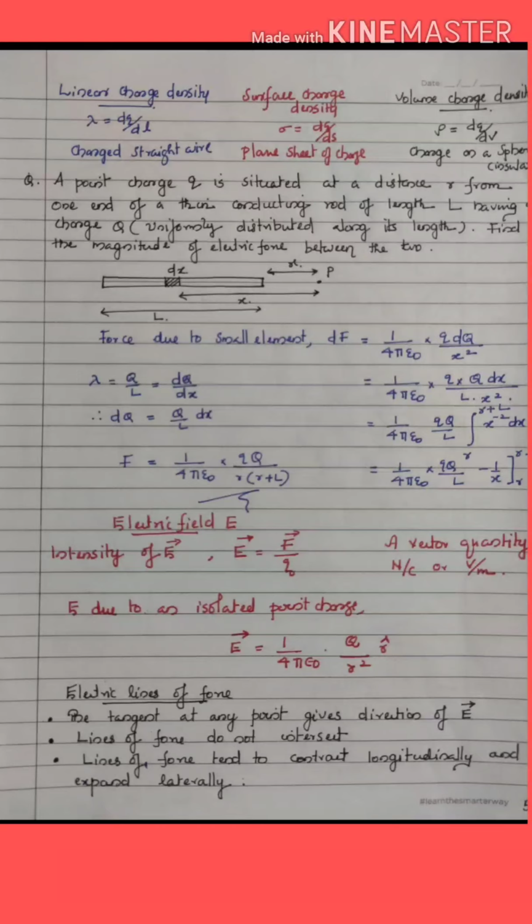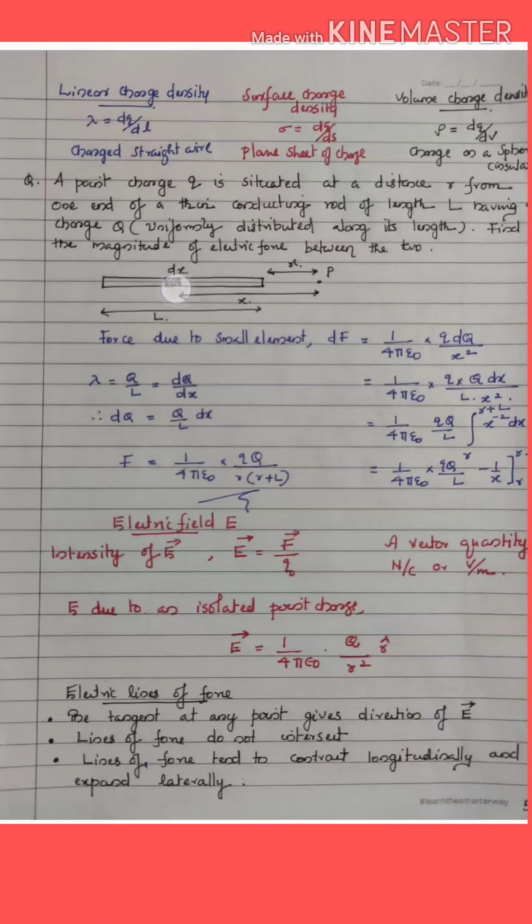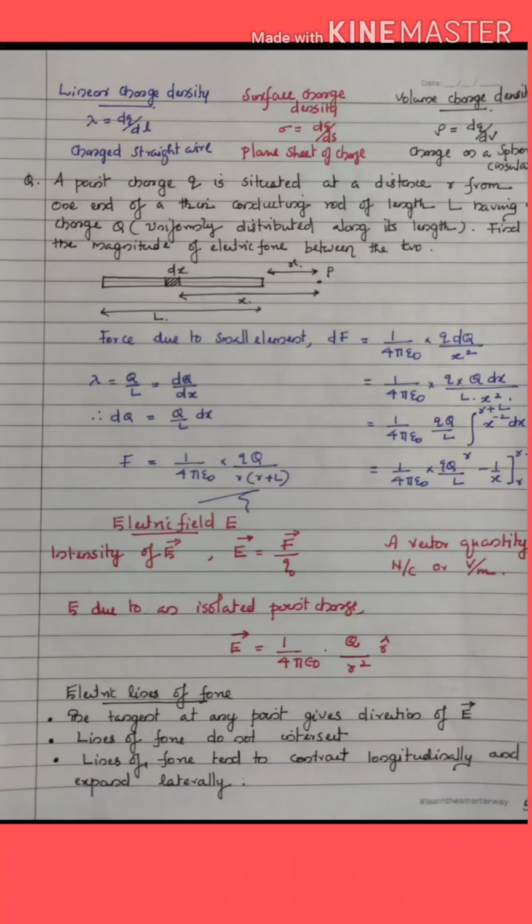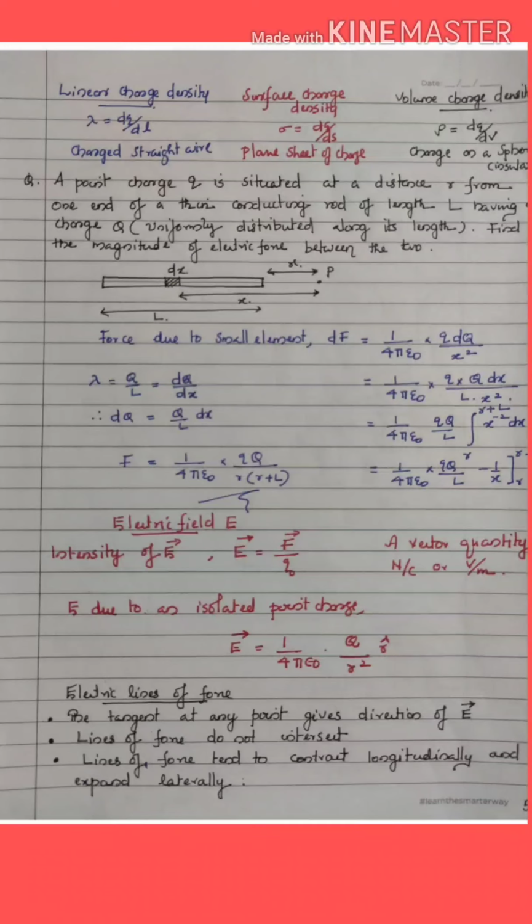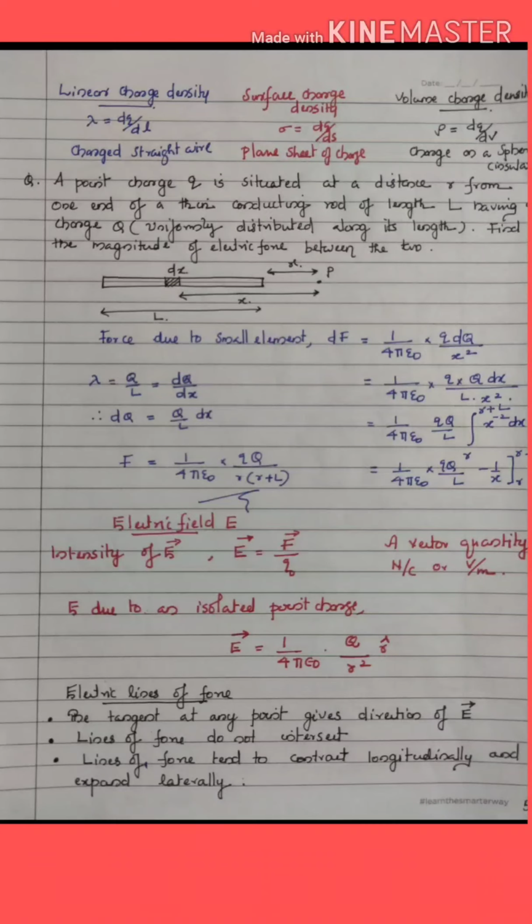We know Coulomb's law is applicable only for point charges, and hence we can consider a small element with a charge dq at a separation x from that point P. Then the force on the charge at P due to this dq we can write as 1 by 4 pi epsilon 0 q dq by x square.